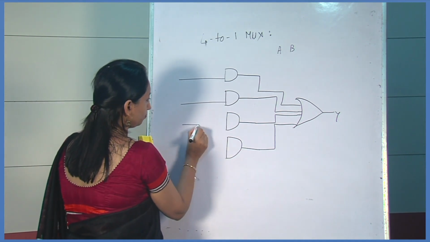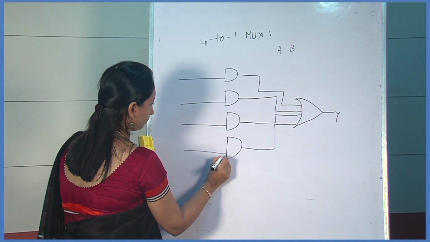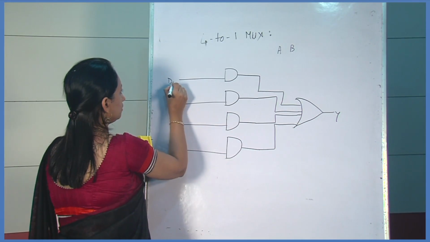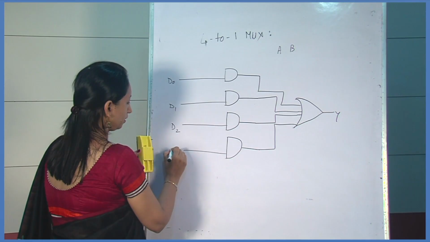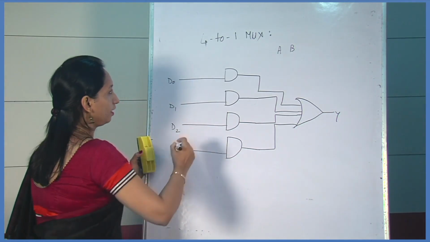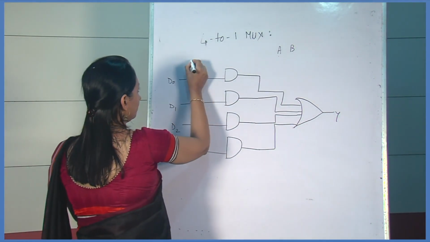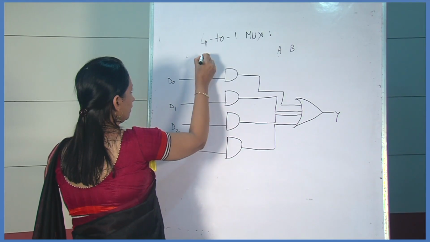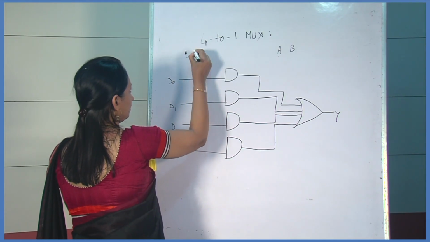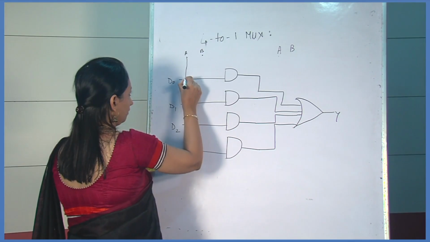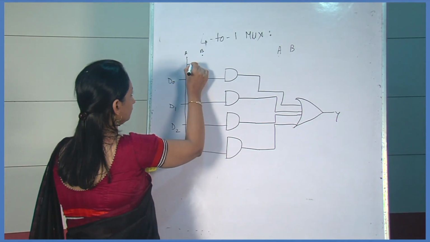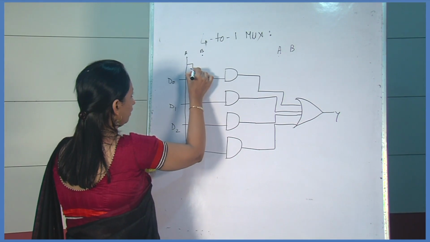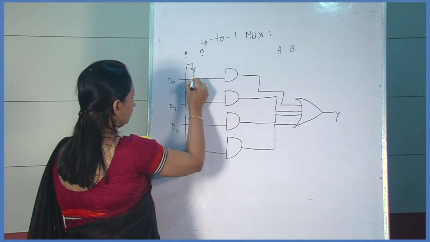These are the 4 inputs, and A and B are the control lines. Here a NOT gate is given.